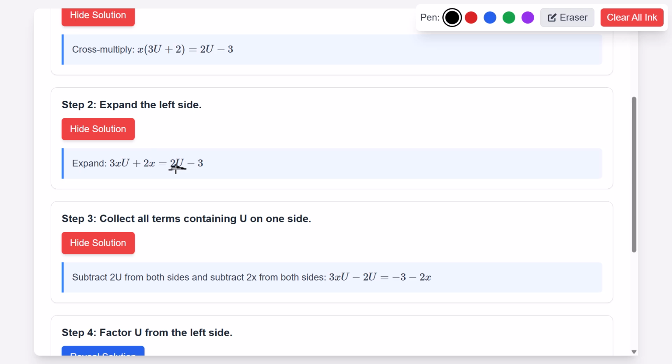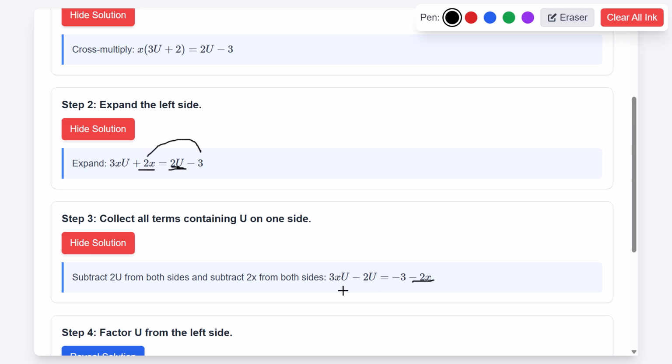So it becomes negative 2u. On this side it is positive, so when I move it, it becomes negative. And I will move the 2x over here to the right hand side. Now on this side it is positive, so when I move it, it becomes negative. So when I move the 2x, I get the negative 2x. And when I move the 2u, I get the negative 2u.